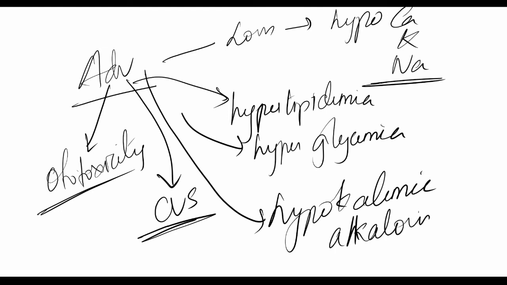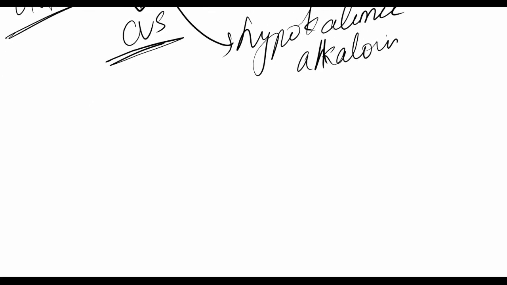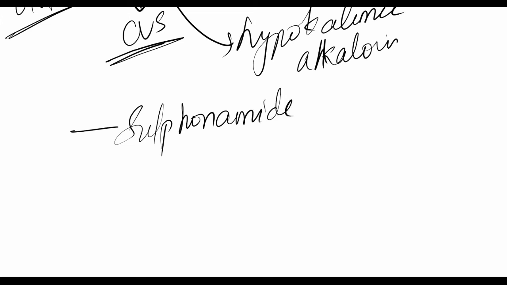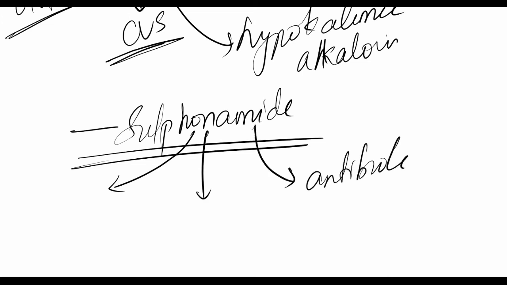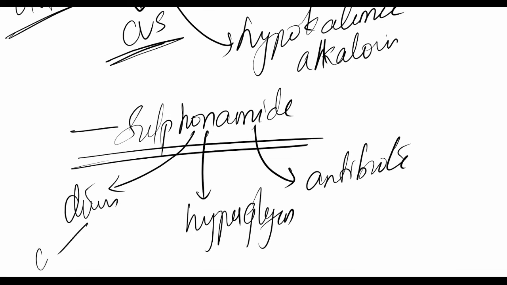And last but not least, as I discussed in part 2, sulfonamide allergy, which results from allergy to any of the sulfonamide drugs, be they antibiotics, hyperglycemia treatment, or diuretics like carbonic anhydrase inhibitors or loop diuretics.